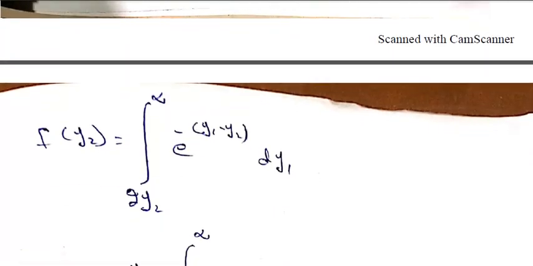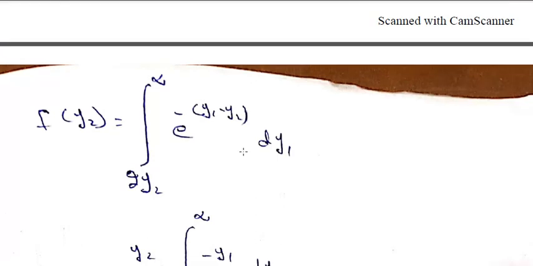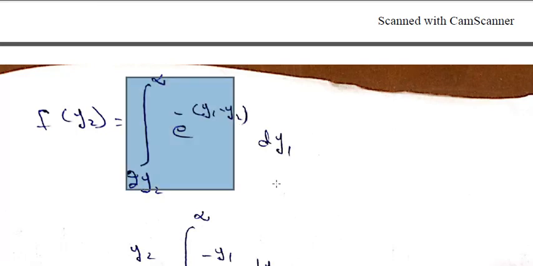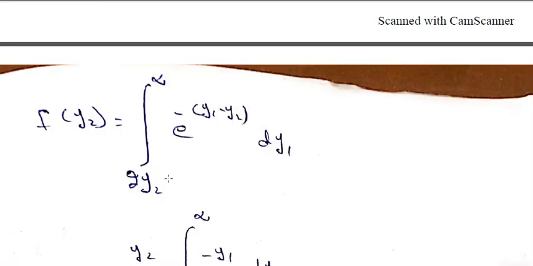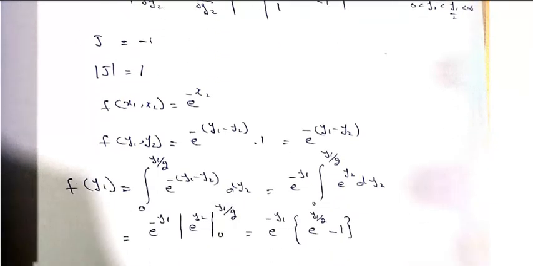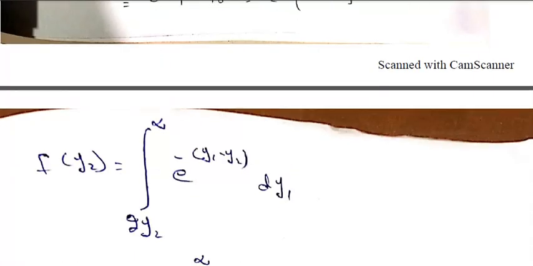Next I want to find the marginal of y2. For this I integrate with respect to y1. The limit of y1 is 2y2 to infinity. We use 2y2 to infinity with this function of y1 and y2 and integrate with respect to y1.